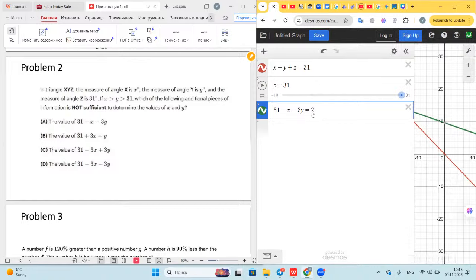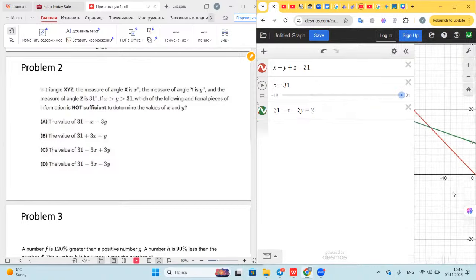You can see here there will definitely be an intersection point. It means you can define this value, guys. Okay, let's go to the B option. In the B option, here will be 31 plus 3x plus y equals some number. Let's say this number, just a random number, guys, 10. You can see they will have an intersection point. Just by changing this 10, you can find solutions. They intersect. It means it is sufficient to determine the values of x and y because the system here is solvable.